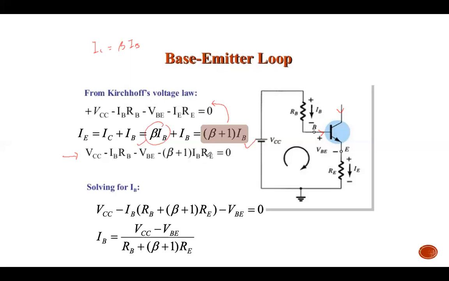From this equation you can solve for IB, and you will get IB equals VCC minus VBE divided by RB plus beta plus 1 multiplied by RE.